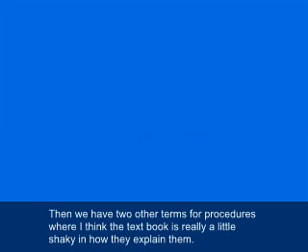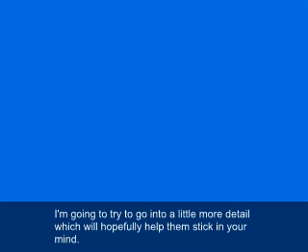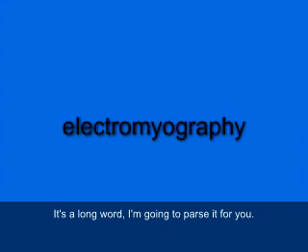Then we have two other terms for procedures where I think the textbook is really a little shaky in how they explain them, so I'm going to try to go into a little more detail, which will hopefully help them stick in your mind. First of all, we have electromyography. It's a long word. I'm going to parse it for you.